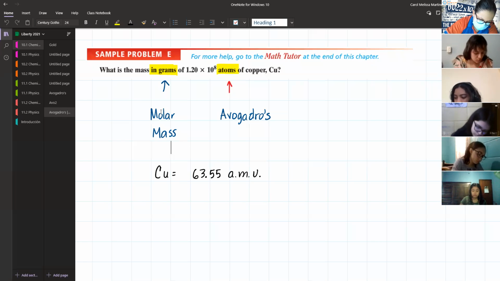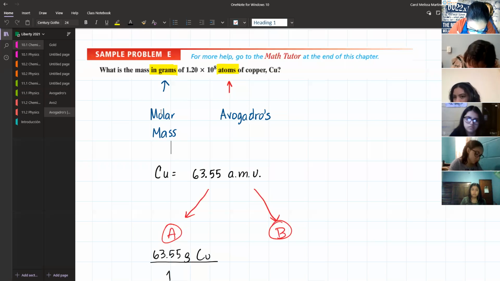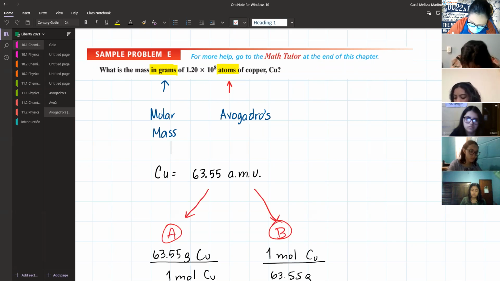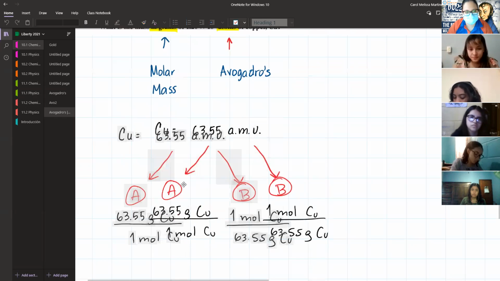So as you know, we can write this in two ways, like A or like B. So you can say that there are 63.55 grams of copper in 1 mole of copper, or you can say otherwise, that in 1 mole of copper you can find 63.55 grams of copper. That's all you can write about the molar mass.